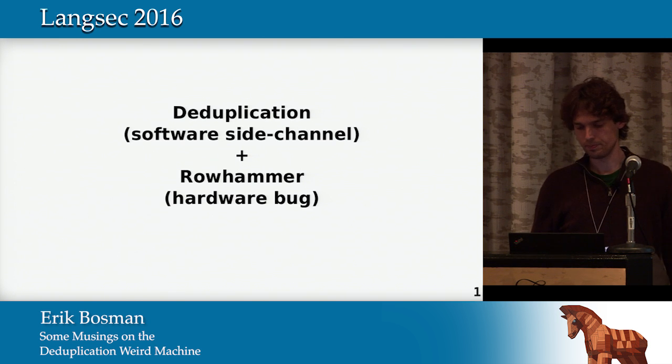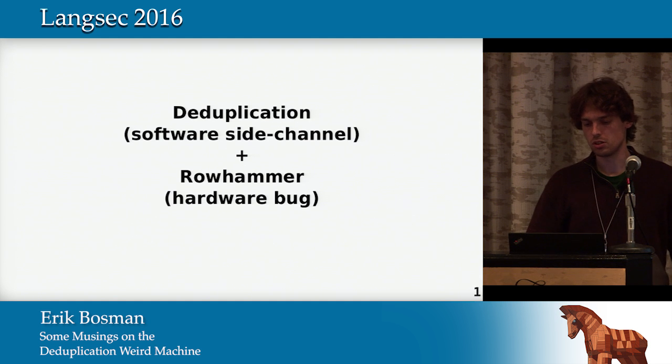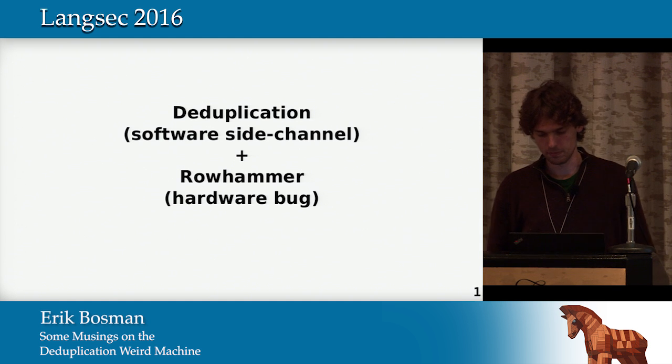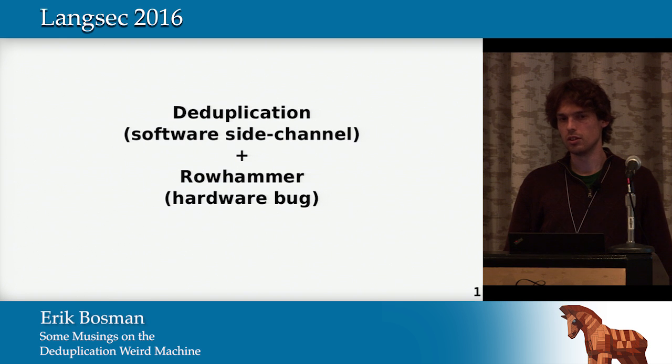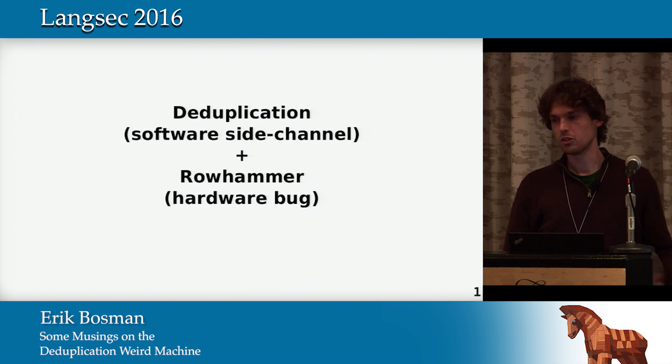So in our paper, the authors of rowhammer.js have shown that it's now possible to use the rowhammer attack, a hardware attack which allows for bit flipping in memory.